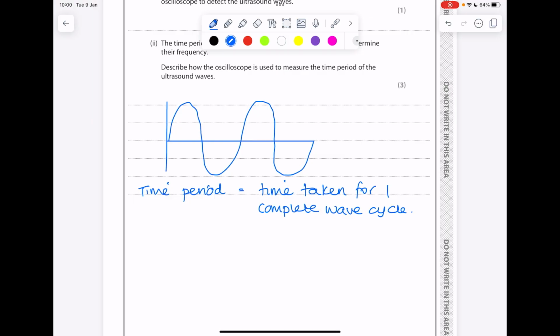So in terms of how we actually set up the oscilloscope, you want to adjust the oscilloscope to obtain a steady trace, or you could easily just say freeze the screen.